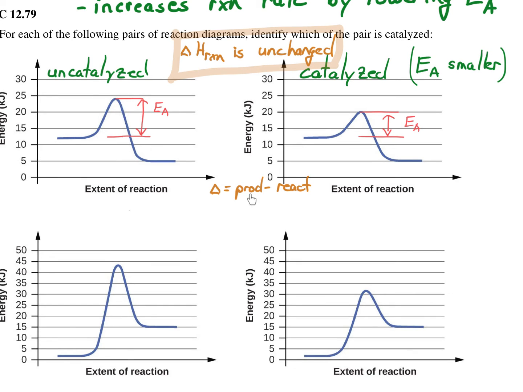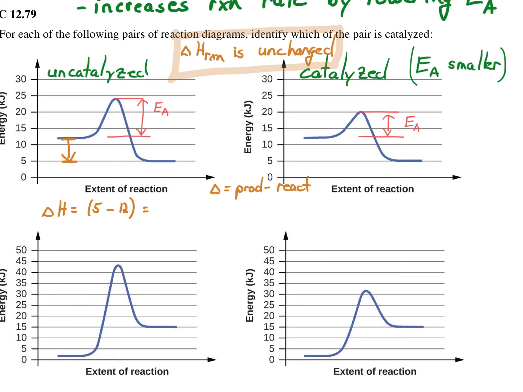Delta always corresponds to the product state minus the reactant state. So we can determine delta H off of this graph, because here we have the energy of the products, and we start here with the energy of the reactants. So delta H is going to be an energy of about 5 kilojoules per mole minus, let's say, 12.